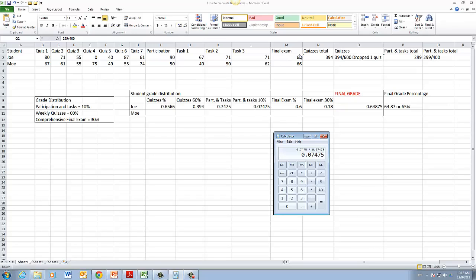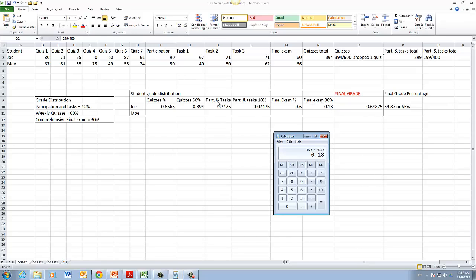Now remember, his final exam, he got a 60, so I can simply convert that into a decimal by going back and putting it 0.60. And remember, the final exam is worth 30%, so I'm going to take 0.60 multiplied by 30% of the total, and then Joe got a 0.18 total score for his final exam.